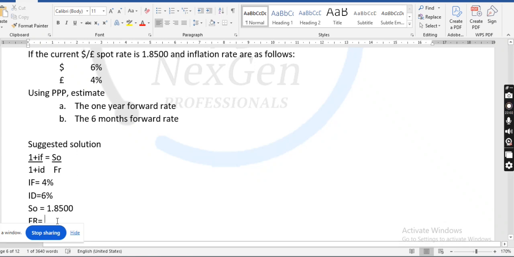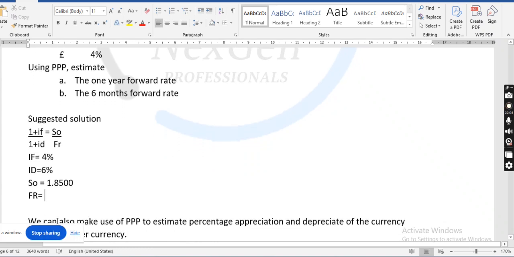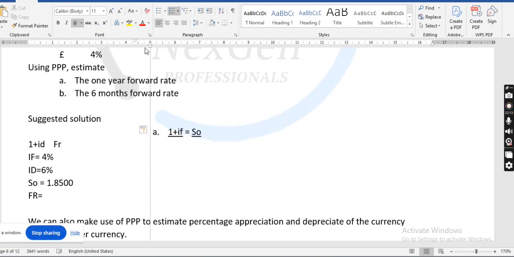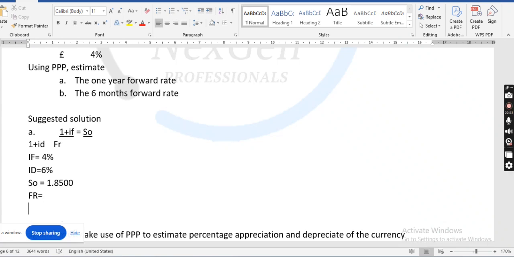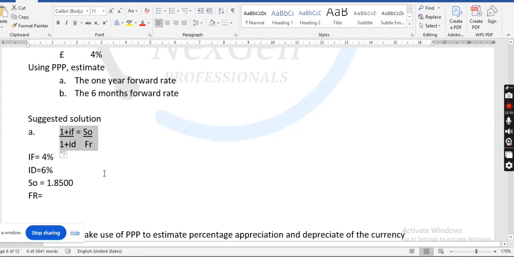Now, what is the forward rate? The first one is for a year, right? Forward rate is not given. So in this case, we need to put our formula as this.